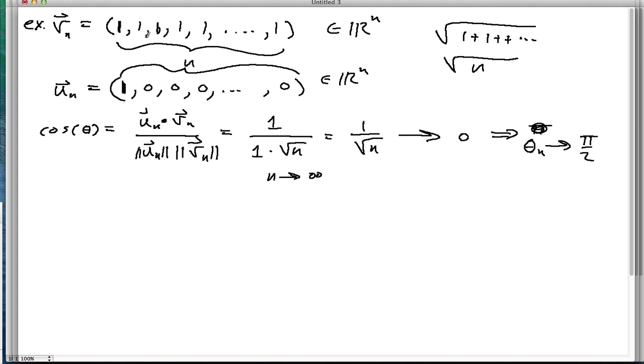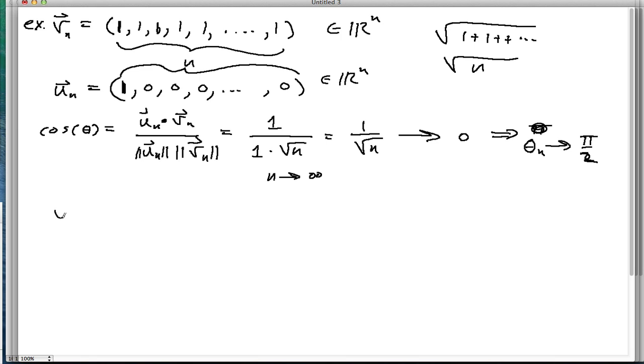The rest of the entries are mismatched, and so eventually we're approaching pi over 2 or orthogonality. So these vectors, for any finite n, they're not orthogonal, but they're getting closer and closer to orthogonal.